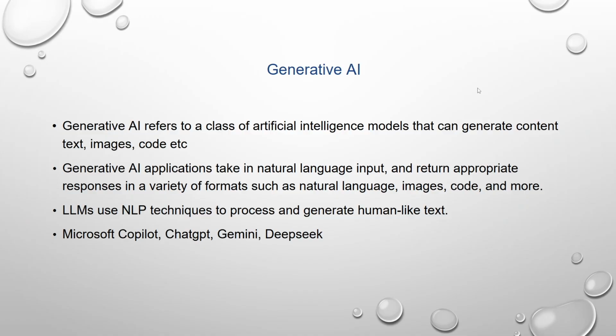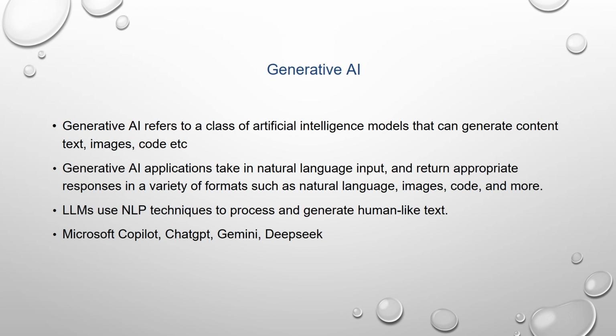Now, what is generative AI? Generative AI refers to a class of AI models that can generate content like text, image, code, etc. Normally, we give a natural language input, and in return, the model will provide us with various formats of output like natural language, image, or code.